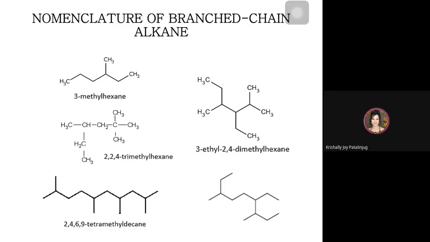So for these examples na na-present kanina, you just have to continue, ha? Step 4 na lang man yung kulang for applying upon naming these molecules. Nasugdan naman nato ilang step 1, 2, 3 kanina. Application na lang din siya sa step 4. So these are the names of these molecules that were presented earlier. Okay? So follow the steps.